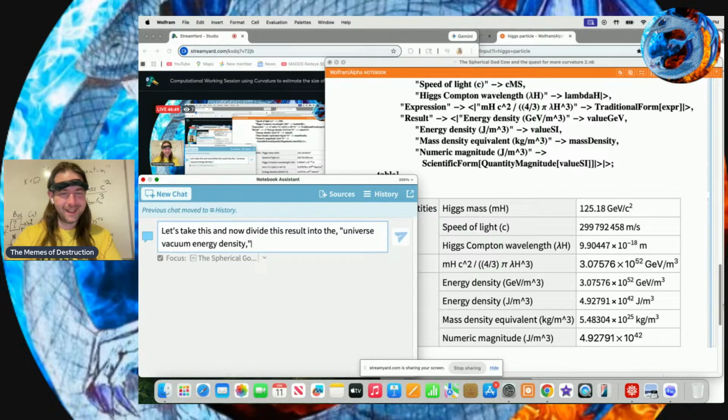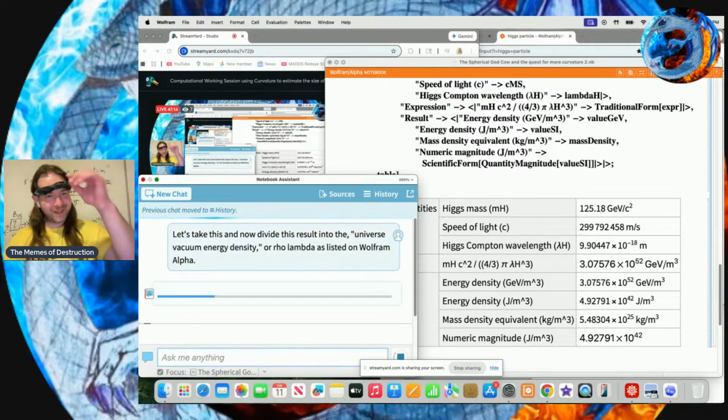Density or rho lambda, all right, or rho lambda as listed on Wolfram Alpha, because it gives us a nice number.